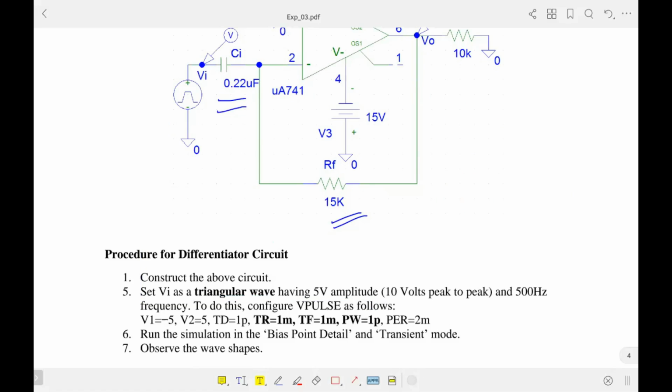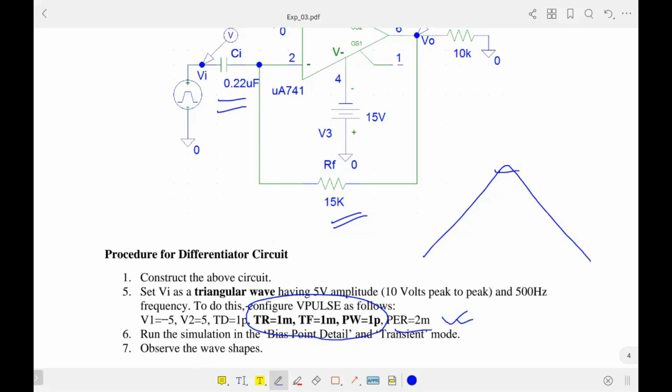And to have a triangular wave, I think you already used this in previous experiments. So anyway, for 500 Hz, similar to the rectangular wave, obviously the period will be 2m, and these three things are different from rectangular. So obviously for triangular, we need some rise time and also we need some fall time, and there won't be any pulse width.